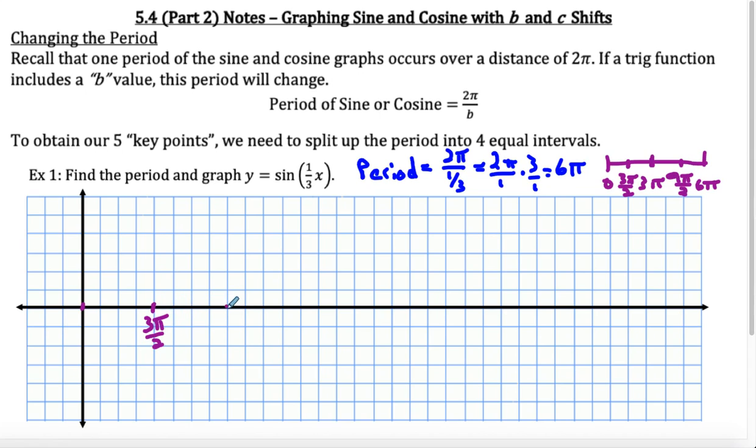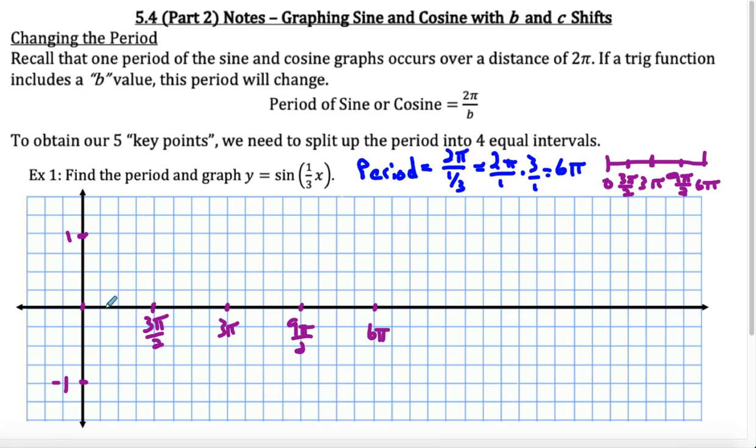In this case, we don't have an a value, so I know that I'm just going to be going from 0 to 1 and from 0 to -1. My amplitude is just 1. We are graphing sine here.